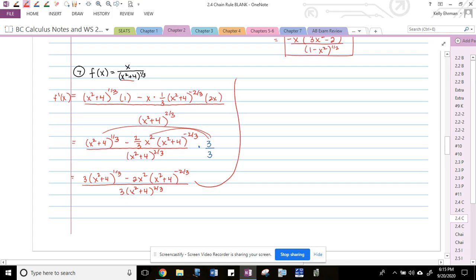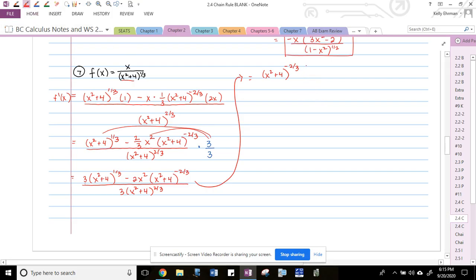Let's bring our work up here. So I'm going to use the same idea as I did last time, where in the numerator I have this GCF. So I'm going to factor out the 3 and the 2x squared have nothing in common. I'm just going to factor out an x squared plus 4 to the negative exponent. Negative 2/3 is smaller than positive 1/3. So factor out a negative 2/3. And then what are you left with?